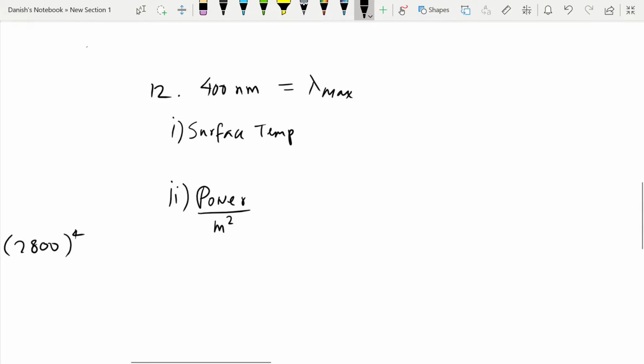So for surface temperature, we have a very nice equation here. But first we have to convert this to standard units. So lambda max is 400 times 10 to the negative 9th meters, basically.